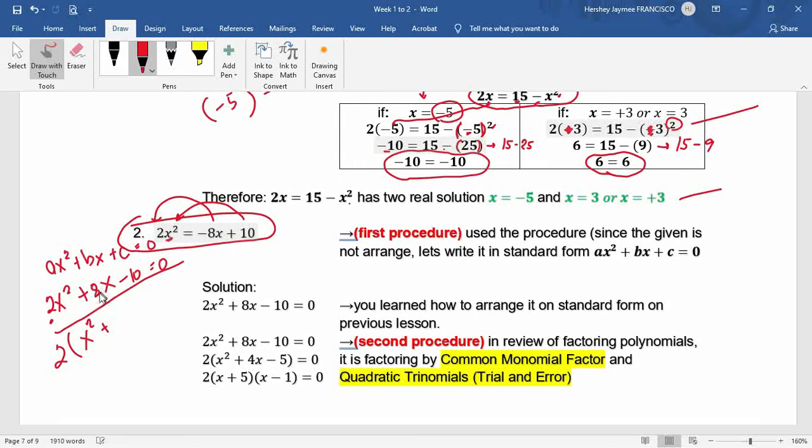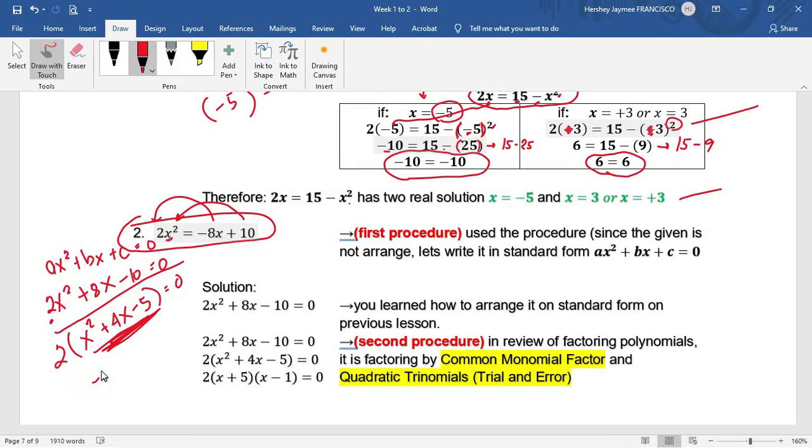Plus 8x divided by 2, you have 4x. And negative 10 divided by 2, you have negative 5. Okay? So, you now have a simpler trinomial that you solve using factoring or trial and error.